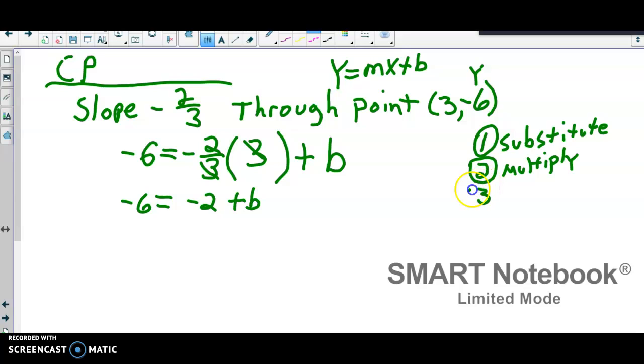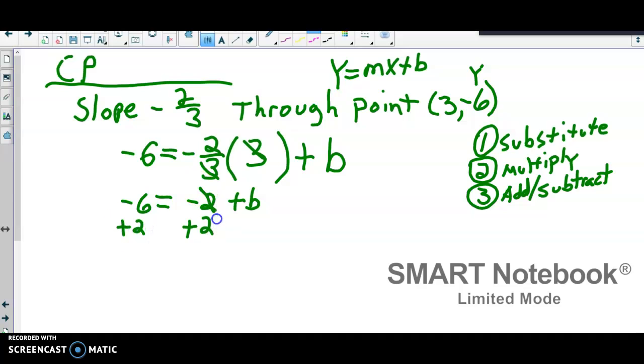Third step is going to be add or subtract. So I'm going to add that 2.